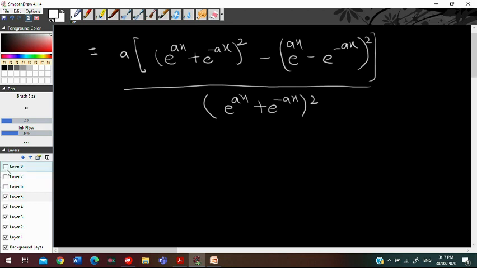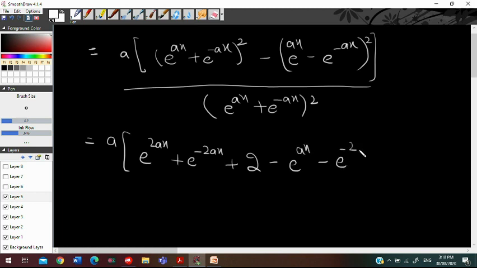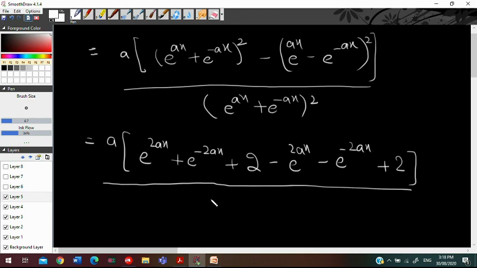Now if I simplify this, a into exponential of 2ax plus exponential of minus 2ax plus 2, because the bases are same, so they will cancel with each other, just we have 2, then minus exponential of 2ax minus exponential of minus 2ax and then plus 2, and the whole divided by exponential ax plus exponential minus ax whole square.